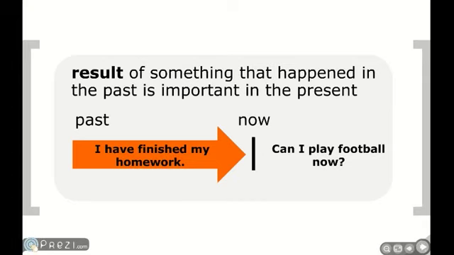Well, we use it because the result of something that happened in the past is important in the present. Now, the result here in this sentence is very important because without that finished homework, I would not get permission to play football. So, I have finished my homework, present perfect, the result is important, and then, of course, the question, can I play football now?